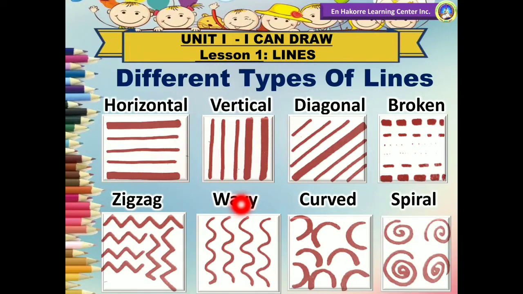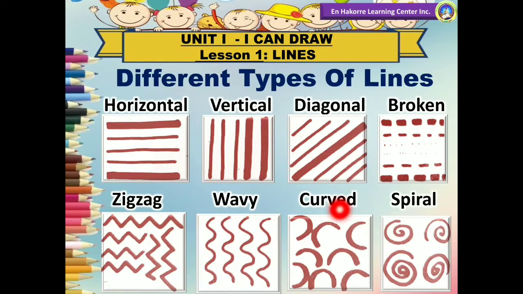And the next one right here is what you call your wavy line. So it looks like a wave. Okay, so it is different from the zigzag line because the edges of a wavy line is curving, and in the zigzag line it is kinda pointed.